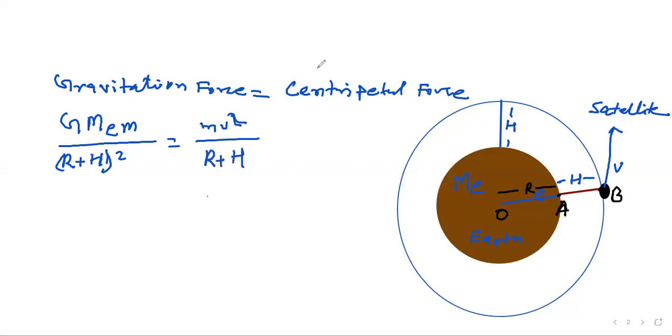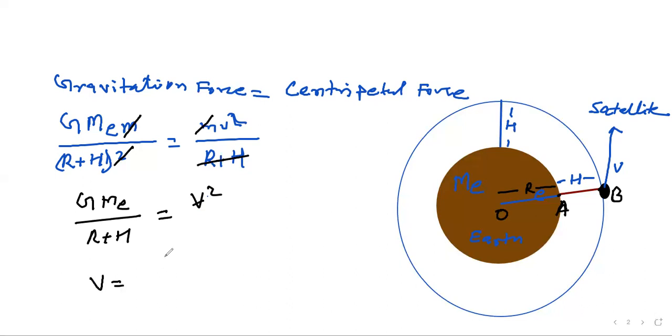Now, cancel some terms. m cancels and one power of the height term cancels. So it will be G ME upon R plus H equal to V square. Here V is the speed with which the satellite moves around the Earth, so V is considered the orbital velocity.